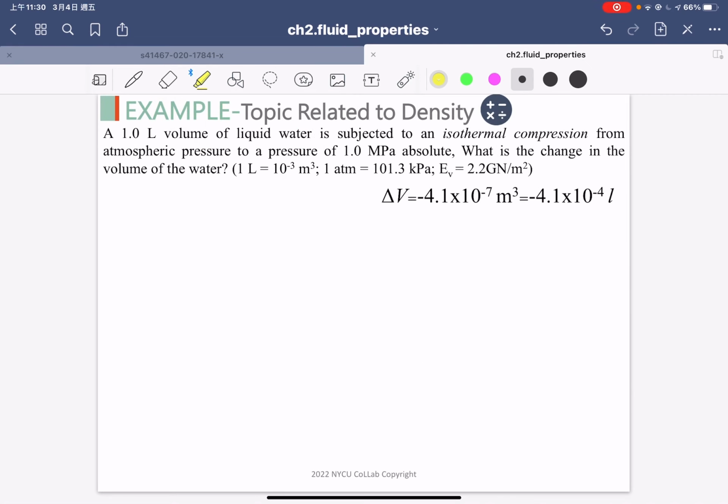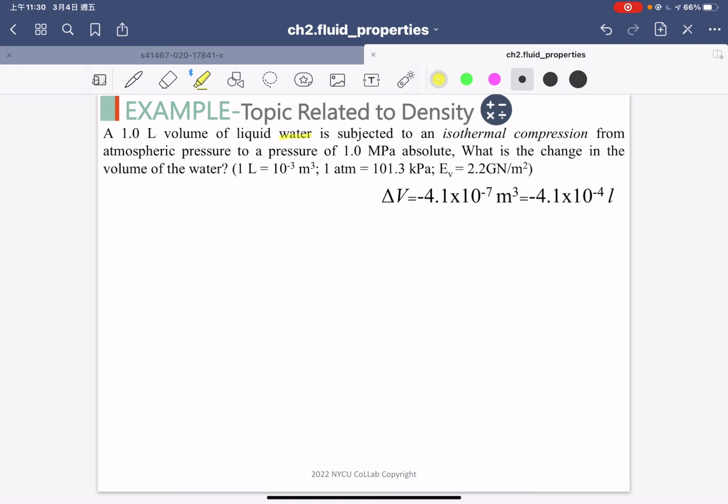Okay, so let's practice. The previous slide focused on gas, and I told you that for liquid the volume doesn't change much, right? So you see, the question is about water.